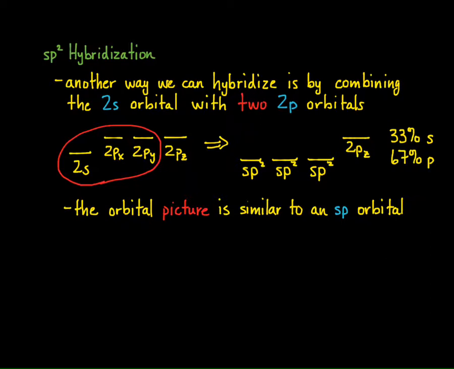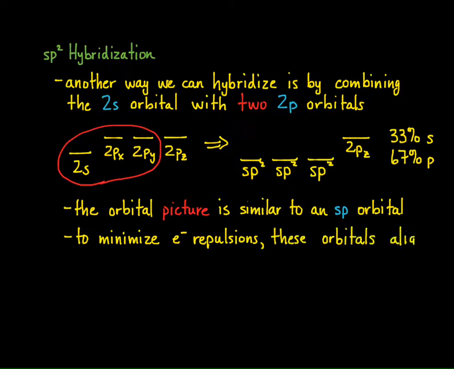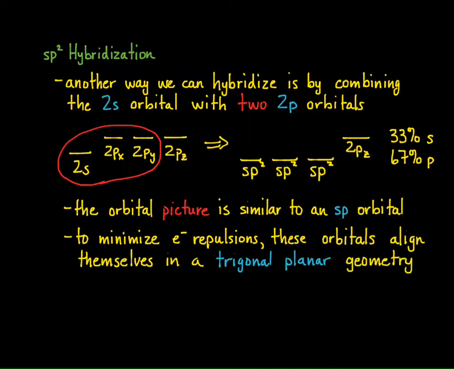Now, instead of having 2 hybridized orbitals, we have 3 hybridized orbitals. So when we think about minimizing electron repulsions, these orbitals align themselves in a trigonal planar geometry, right? To minimize electron repulsions of essentially 3 electron pairs, it becomes trigonal planar geometry.